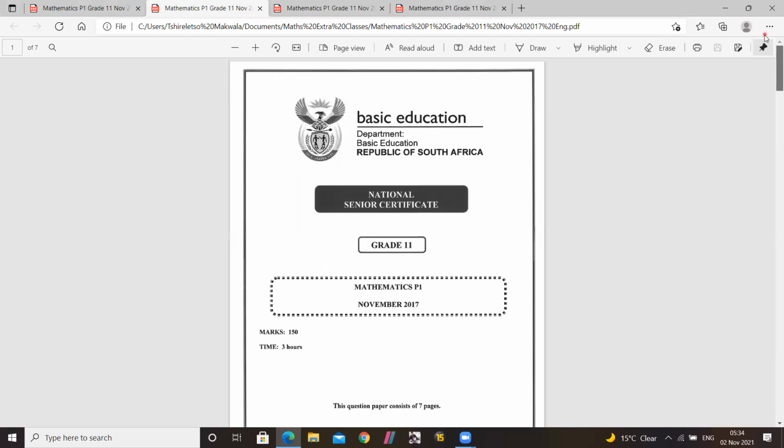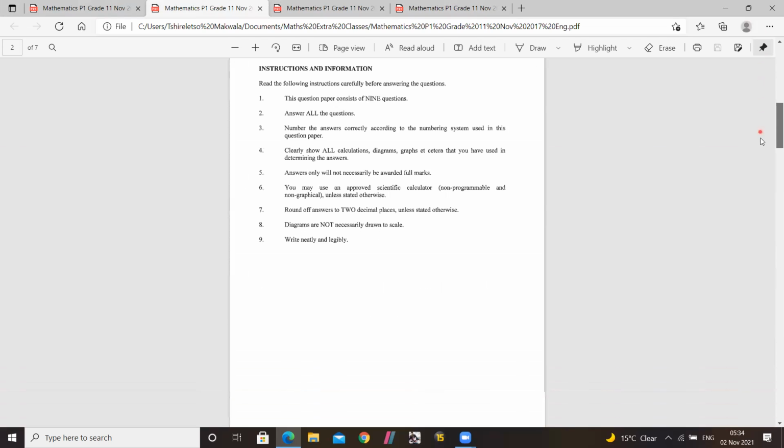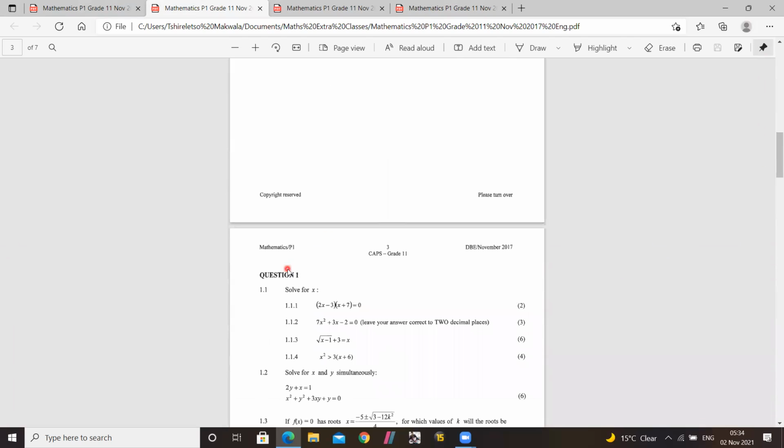Let me show you another thing. Go to 2017. So that was a 2018 paper. In 2017, do you see here? They have the same example, like I told you, 2 marks. Then a bracket multiplied by a bracket is equal to 0, solve for x. What you do in this question, you won't multiply out this bracket because you are solving for x. This is the step that you want, right?